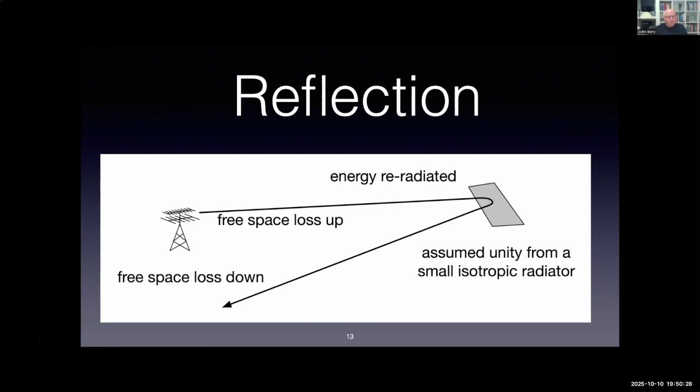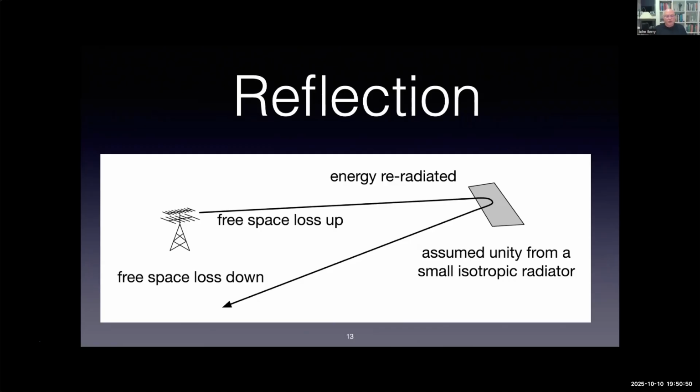So it's nothing else. It's basically we send the energy up, we shake up the particles, and it re-radiates on the same frequency. And therefore, what we have in terms of the path is a free space path loss up and a free space path loss down.